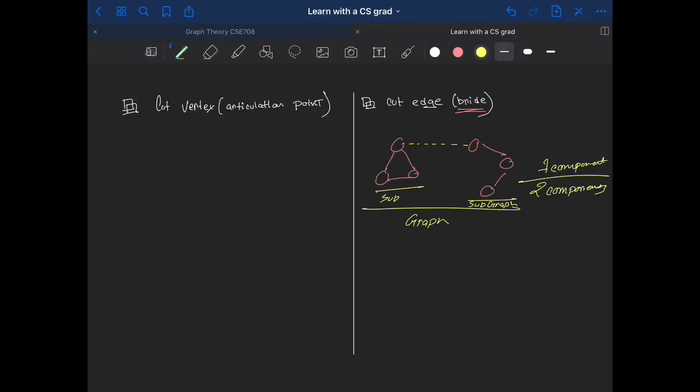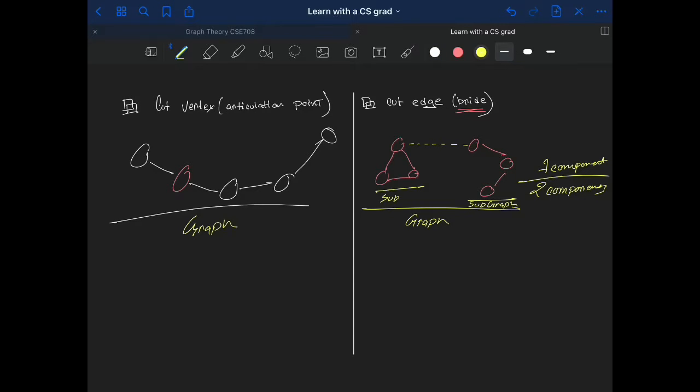However, for a cut vertex, let's look at an example. In this example we have this whole graph. There is only one component and no subgraph here. All the vertices are connected. However, let's say we remove this vertex, the middle one, in between these two.